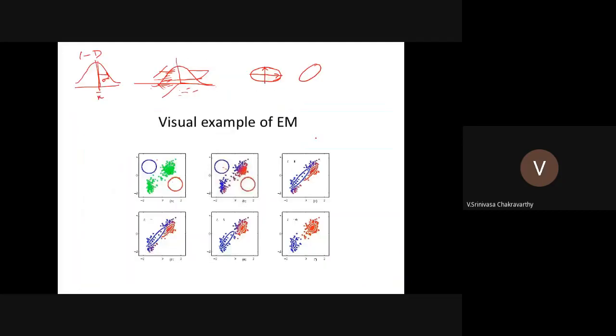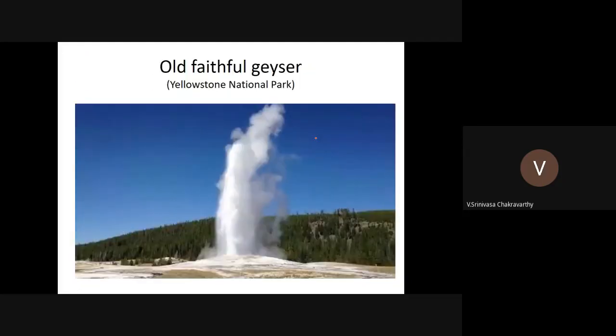The data set we are looking at here comes from what is called the Old Faithful geyser. It's nothing fancy, just a normal geyser, a hot water geyser. I don't have a video here, but if you search the net, you'll find it is located in Yellowstone National Park in the US.